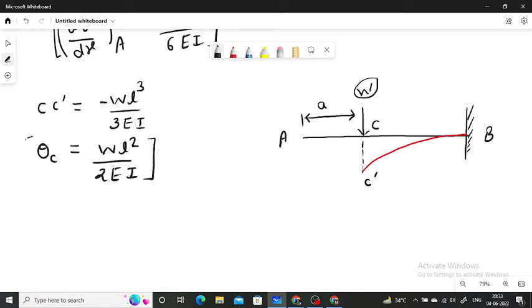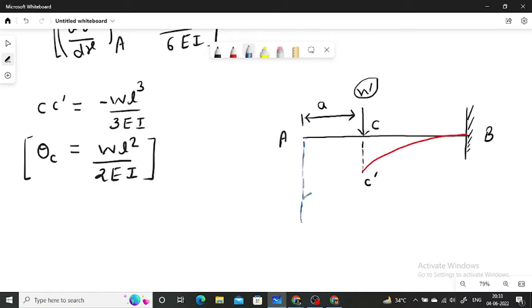Now, the deflection at the point A can be calculated from the section AC, because there is no load beyond this point C between AC.